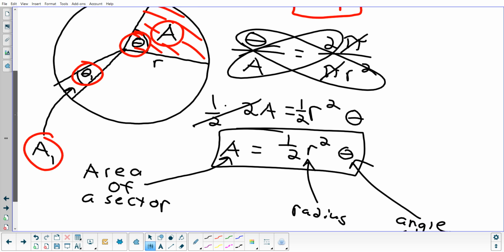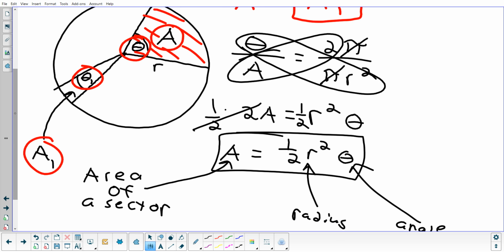Now, the nice thing about using radians is look at what happened right away. The pi's canceled. We could write the formula in degrees. And what would be right here would be the number 360 instead of 2 pi. But if you put the number 360 here, those pi's wouldn't cancel out because you wouldn't have a pi. So the formula is actually nicer when you write it in radians than if you did in degrees.